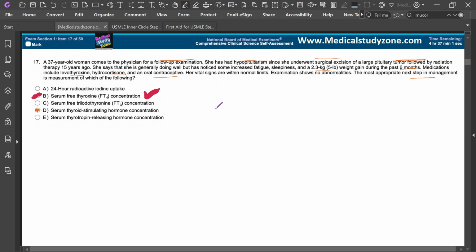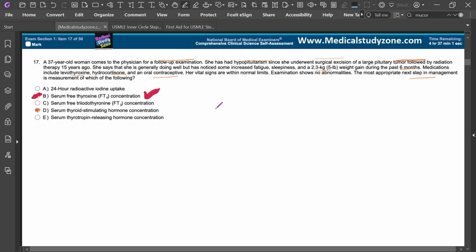Supplementation of levothyroxine and hydrocortisone is common. If these medications are not dosed correctly, symptoms of hypothyroidism and adrenal insufficiency can occur.